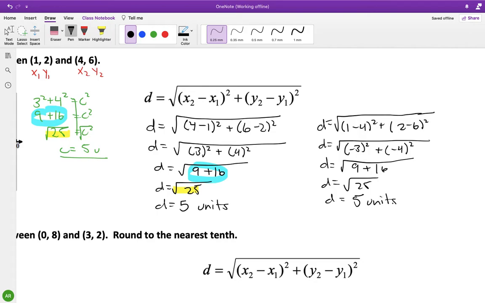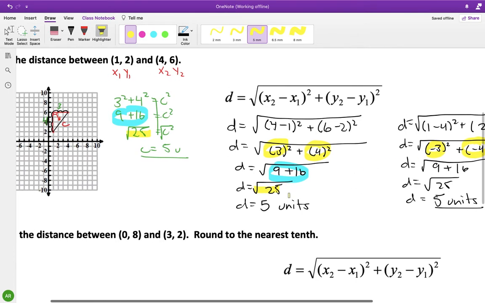So I want to repeat this over and over again. After you get past the point where you square the values, everything should be positive again. Keep that in mind. The biggest mistake students make is putting the numbers in incorrectly. The second biggest mistake is forgetting that a negative value squared is positive. So just make sure you're aware of that.